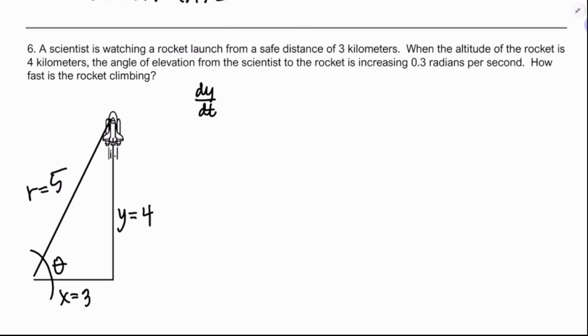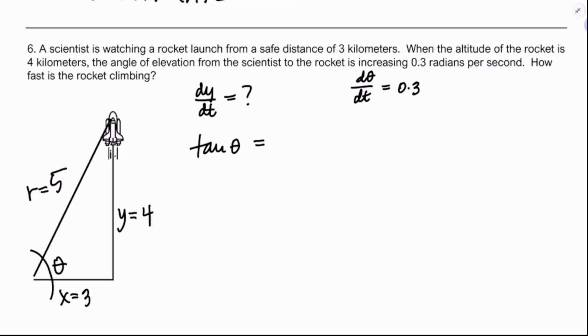We really are going to want to use x because it's fixed, and we're going to need to use y because it's the thing I'm looking for its derivative, so I'm going to need to use tangent again. And they told us that d theta dt equals 0.3. Alright, so I'm going to use tangent.